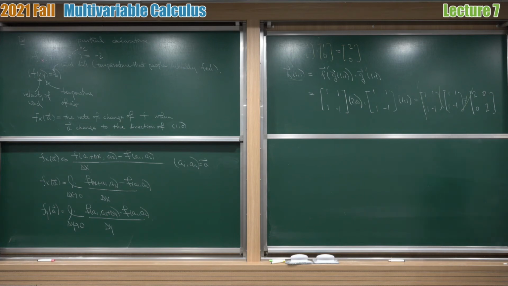The domain is two-dimensional and the value is one-dimensional, a scalar value, so we can visualize the graph. In that case, the partial derivative means that we actually focus on a plane.